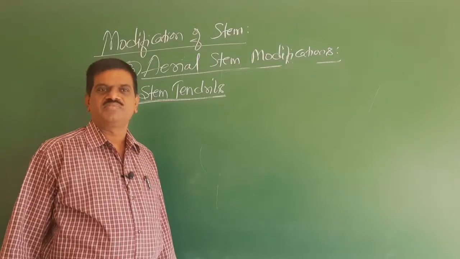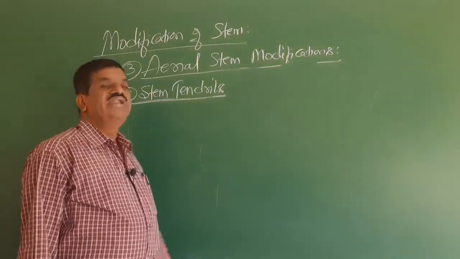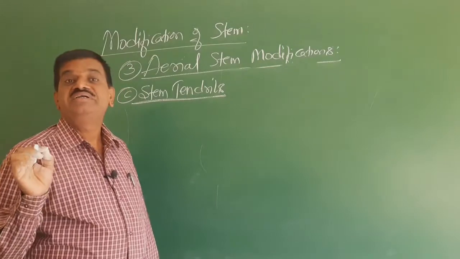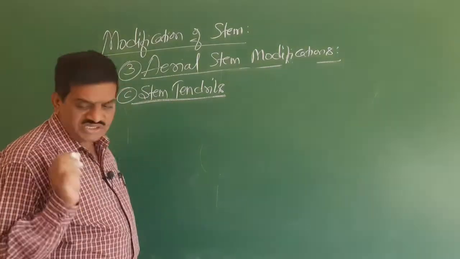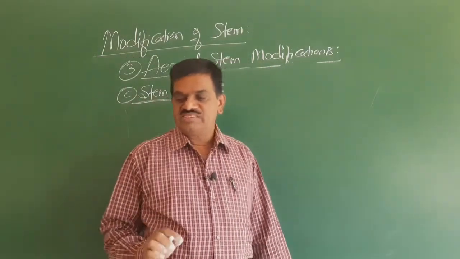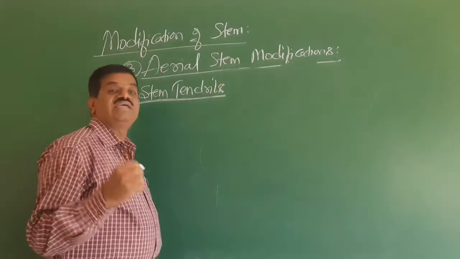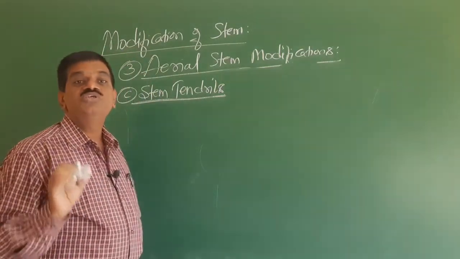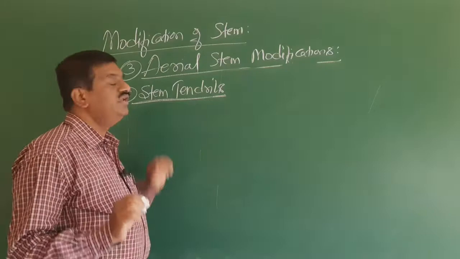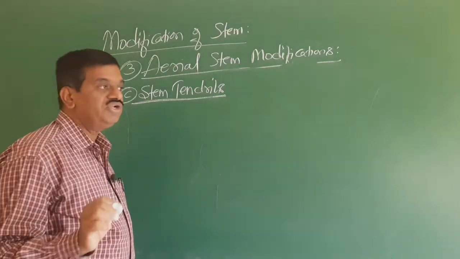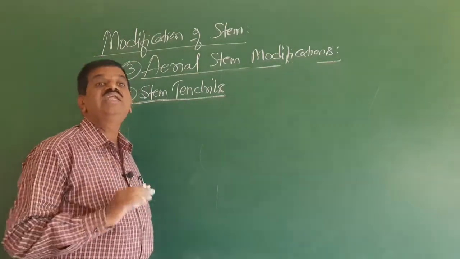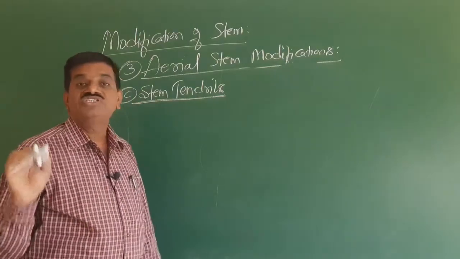So we go for the next one called stem tendrils. In this, the stem has a presence of wire-like structures which are required for climbing. In the majority of climbers and creepers there is a presence of stem tendrils.